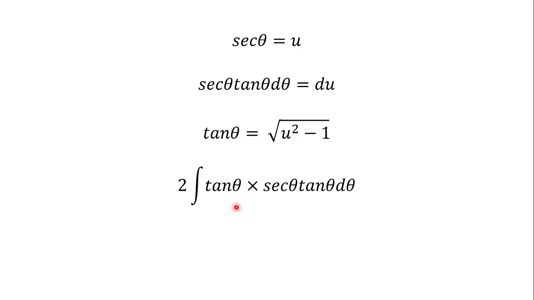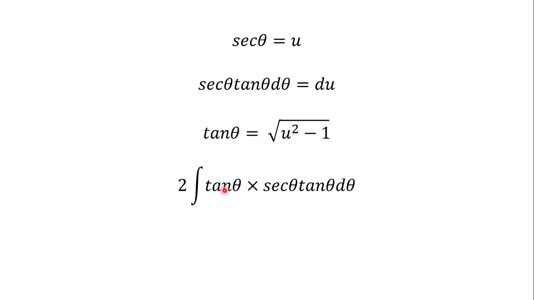Good. Now this is what we have gotten. This one is representing this, and the whole of this one is representing this one. We didn't get anything to represent this U here, but if we had substituted secant theta into this one, we would just get the same thing.